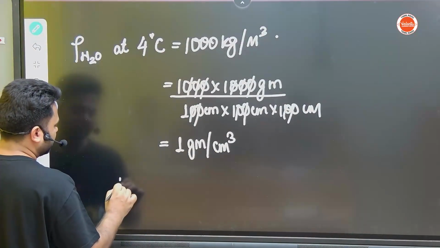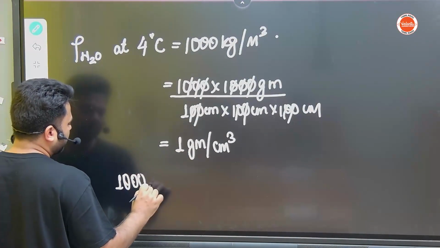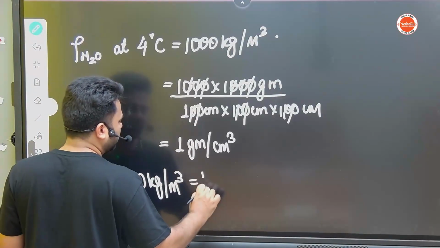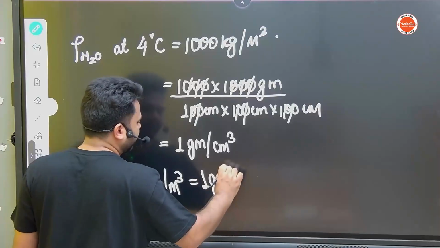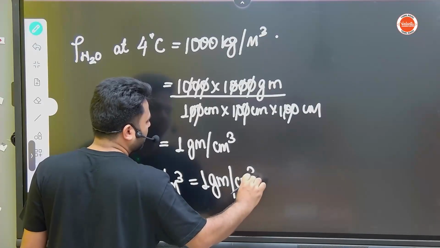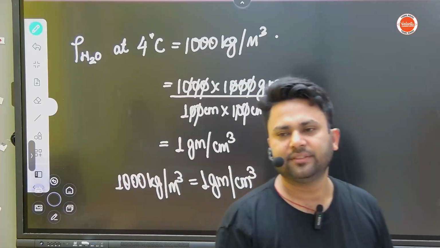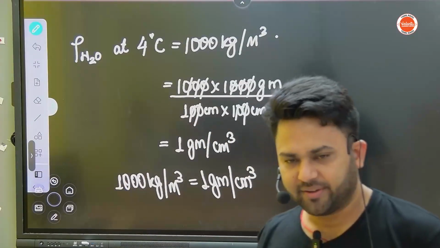So 1000 kg per meter cube equals 1 gram per centimeter cube. The density of water can be written as 1 gram per cc. Cc means centimeter cube. Correct?